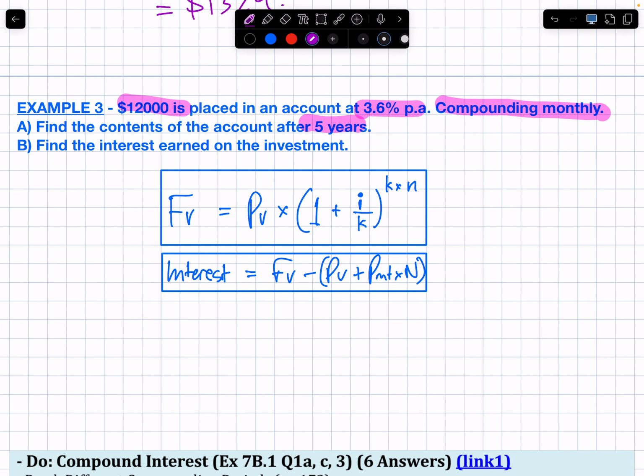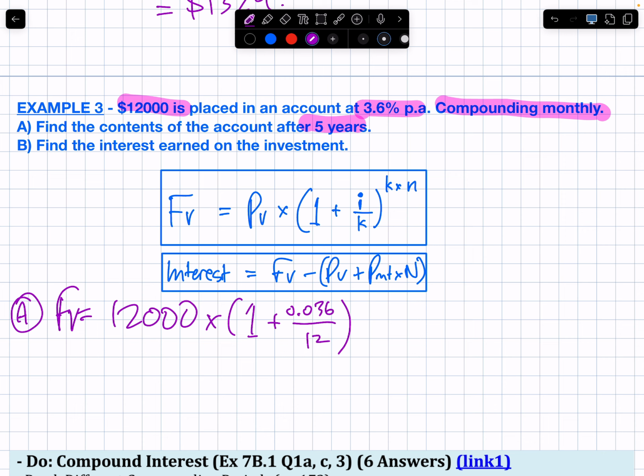So demonstrate A, FV equals, they put 12 grand in, times by 1 plus 3.6% as a decimal, 0.036 over K. It's compounding monthly. So how many times? 12. To the power of K, which is 12 again. How many years is it? 5.